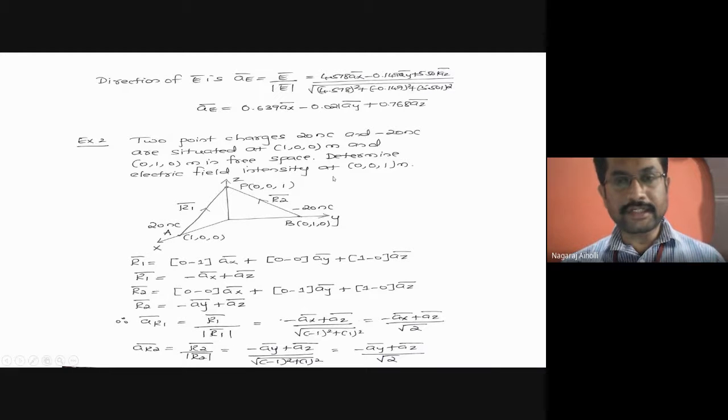Determine electric field intensity at 0, 0, 1 meters. I'll repeat. Two point charges 20 nanocoulomb and minus 20 nanocoulomb are located at 1, 0, 0 meter and 0, 1, 0 meter in free space. Determine electric field intensity at 0, 0, 1 meters.